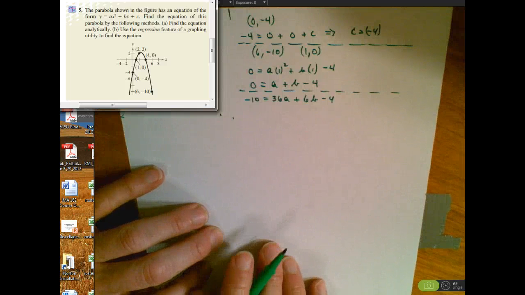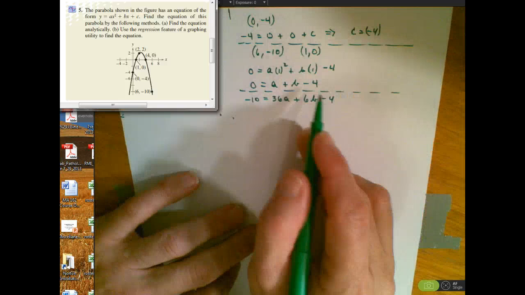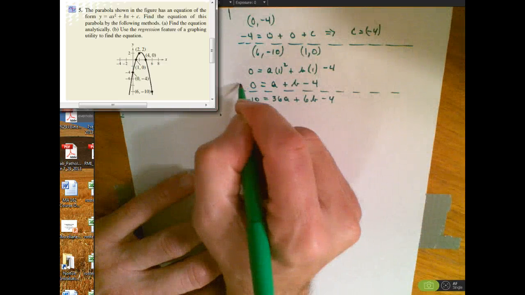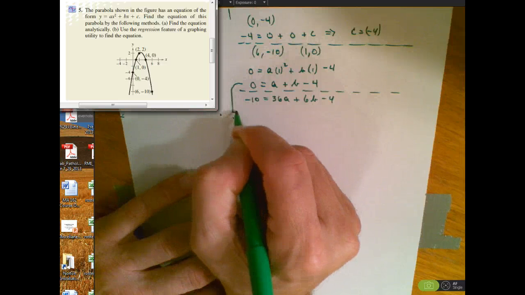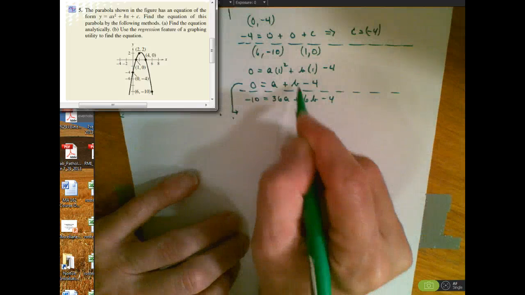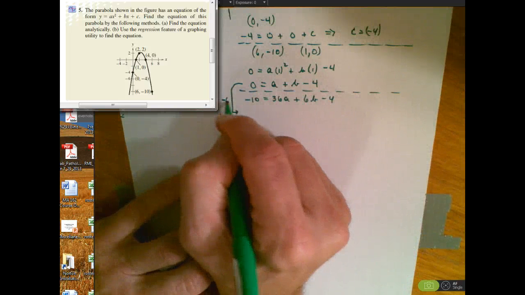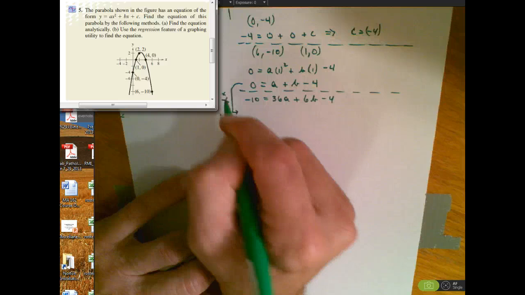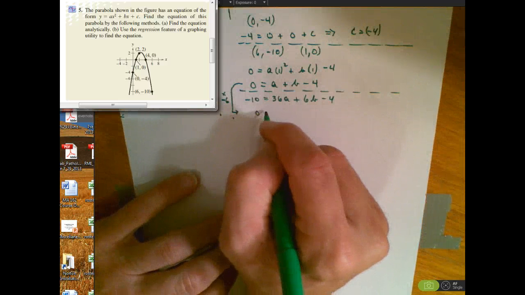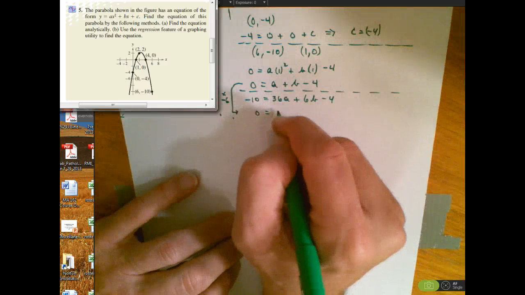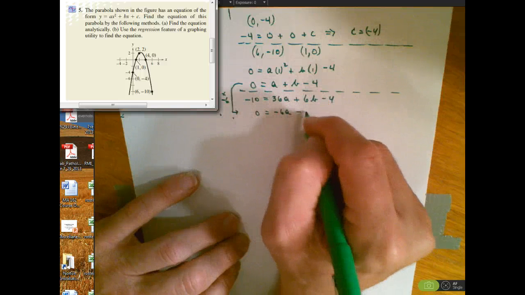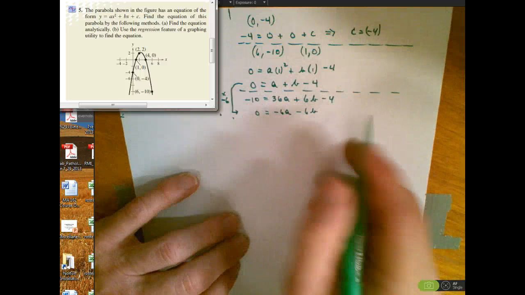Since I have two equations and two unknowns, to eliminate I'm going to take the first equation and multiply it by -6. So -6 times 0 is 0, -6 times a is -6a, and then -6b, because -6 times a positive b.